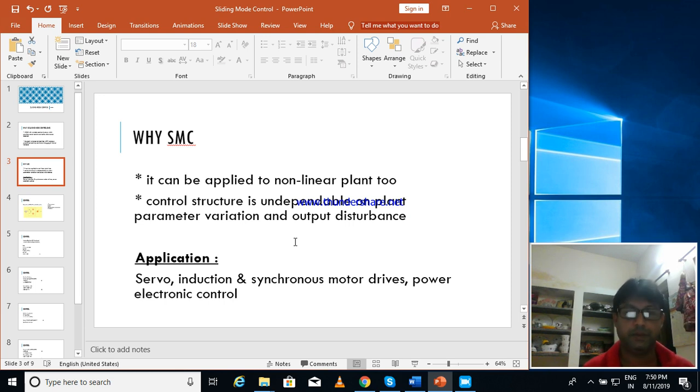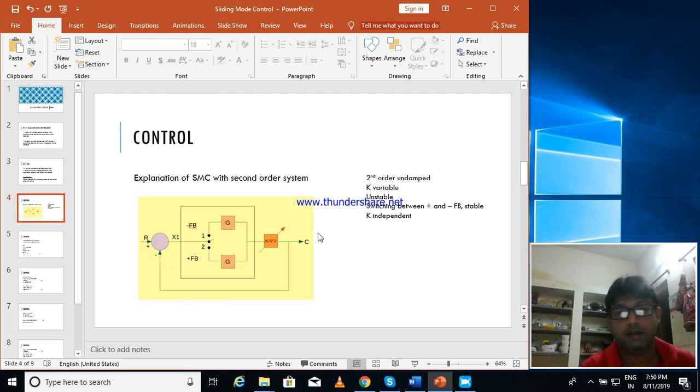So there will be 3 or 4 lectures related to that. Application of sliding mode control is extensively used nowadays in servo, induction, asynchronous and synchronous motor drives, and power electronic control. Now we are going to the basic structure.